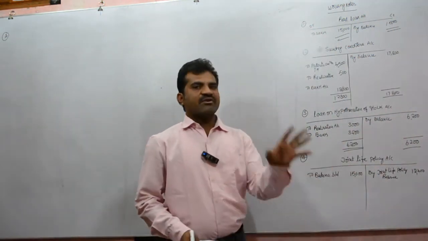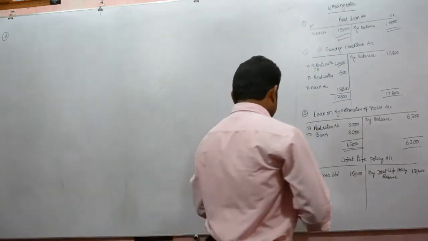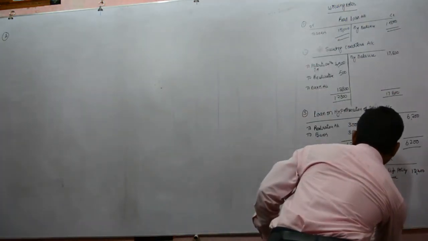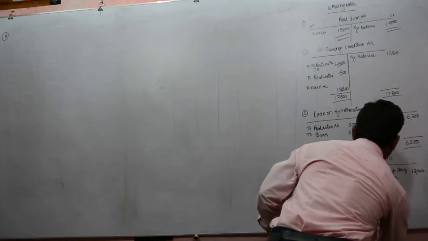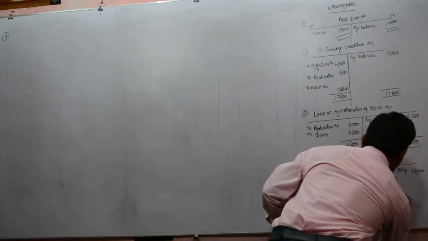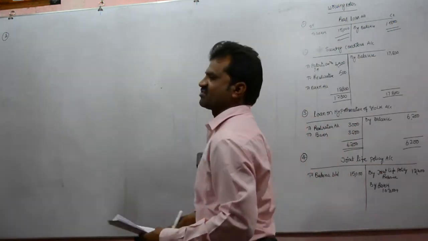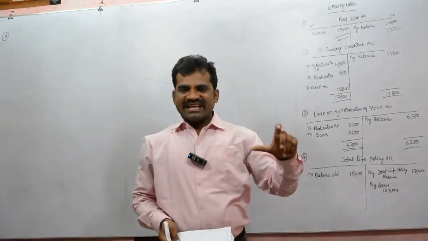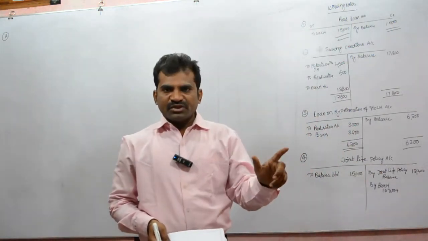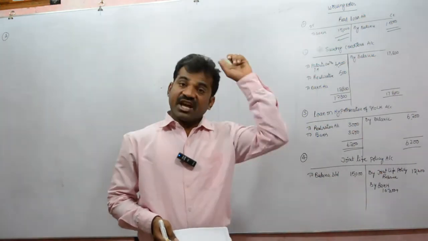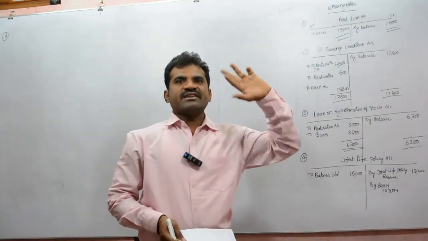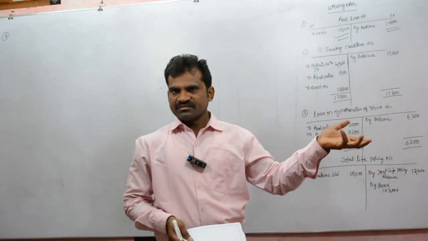On this account we have received some amount, that is by bank. What is the amount? 10,200 plus they have deducted 5,000 rupees towards the loan of partner. This is his personal liability that we can deduct from their capital.